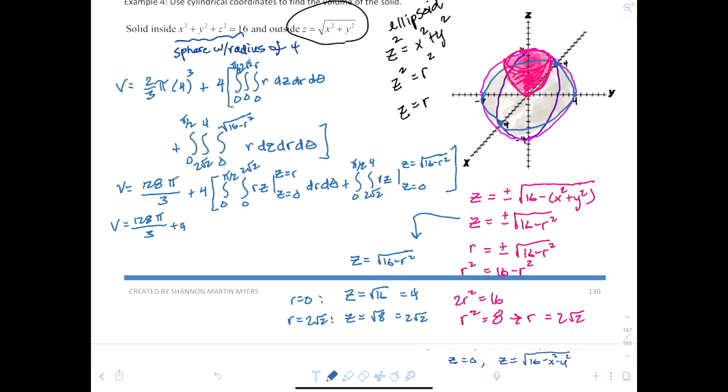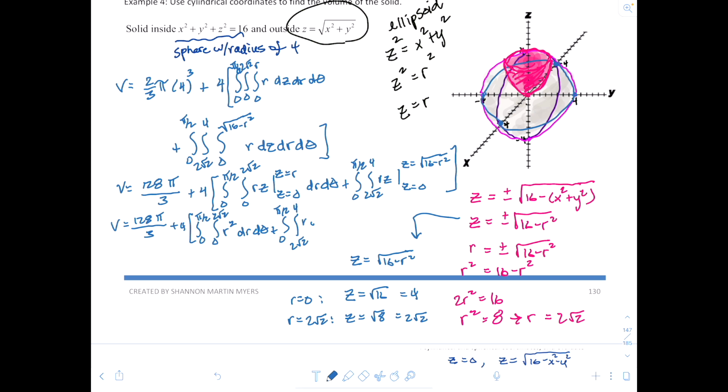So the lower limit of the first one zeroes out, so we'll end up with integral 0 to pi over 2, integral 0 to 2 root 2 of r squared dr d theta plus integral 0 to pi over 2, integral of 2 root 2 to 4, and then the lower limit is going to zero out, and the upper limit is going to be root 16 minus r squared.